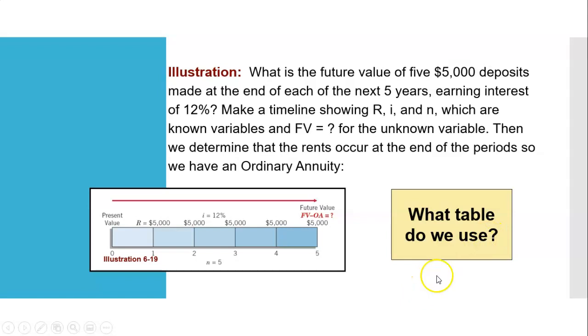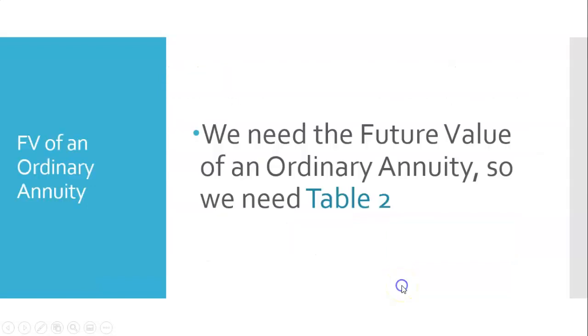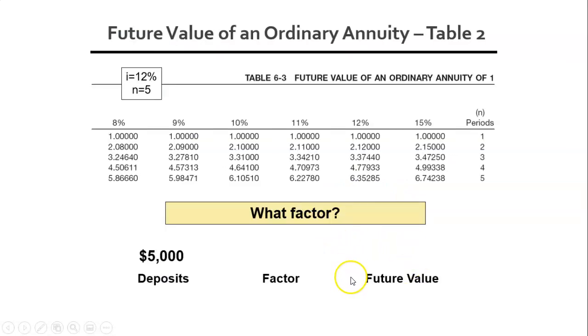What table are we going to use? Well, we need the future value of an ordinary annuity, so that's going to be table 2. We're going to use the formula that the future value equals R times table 2.